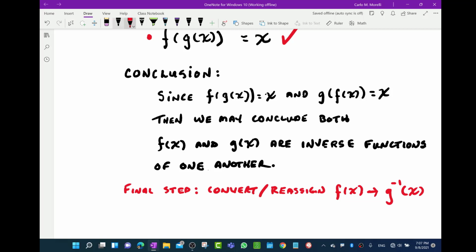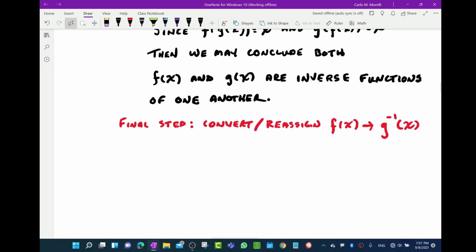Okay? And here's the thing that you're going to end up writing in your answer area. And now we get to use this fancy. So we're going to write this out.